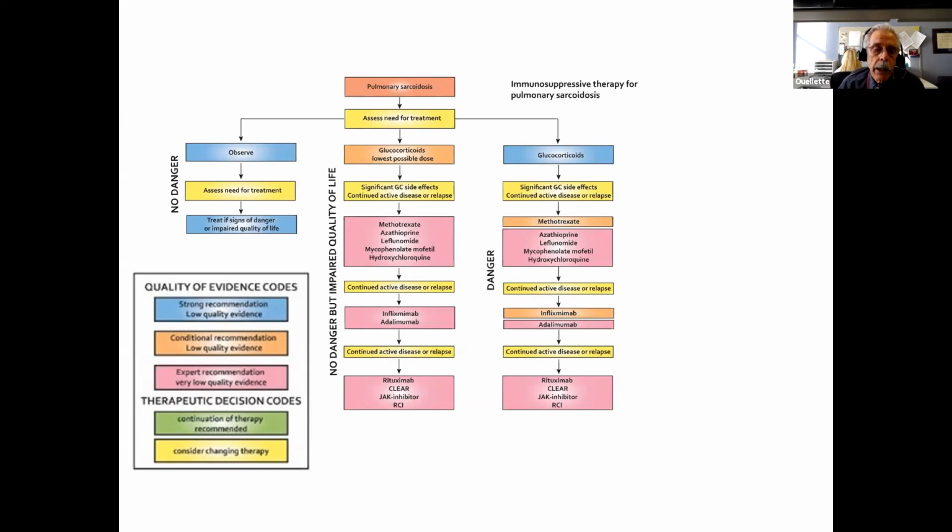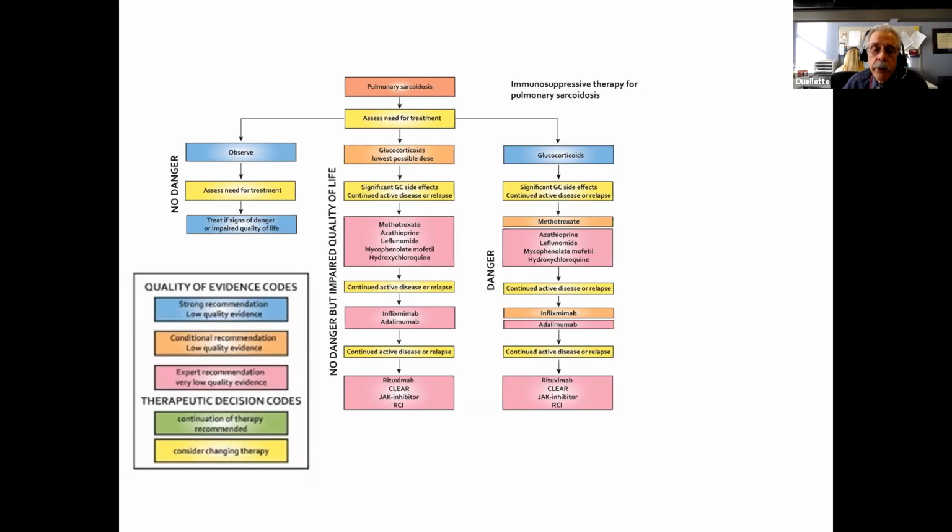The left-hand column is for patients with no danger, and you can see that the best choices here are often for no treatment. If you have a patient with pulmonary sarcoidosis who doesn't have danger but has an impaired quality of life, your best choice may well be to start with glucocorticoids at the lowest dose possible.